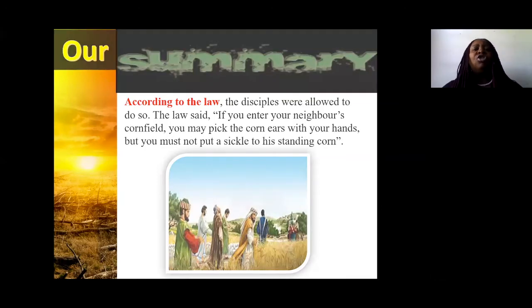And so Jesus really stood up for his disciples. He said, however, reaping was one of the things forbidden on the Sabbath. And that was what the disciples were accused of doing. They were accused of reaping, and it was forbidden on the Sabbath.